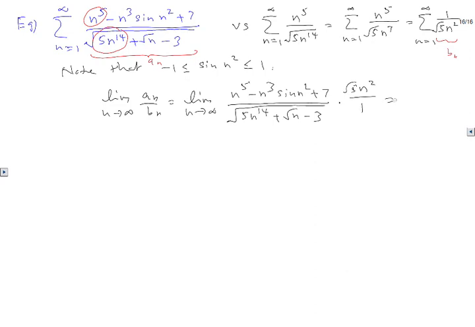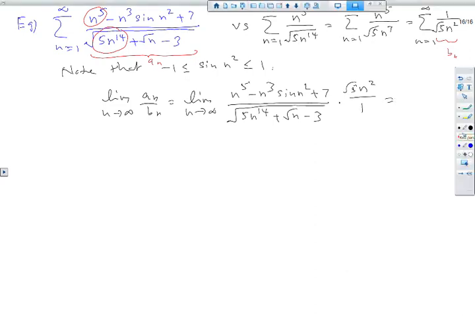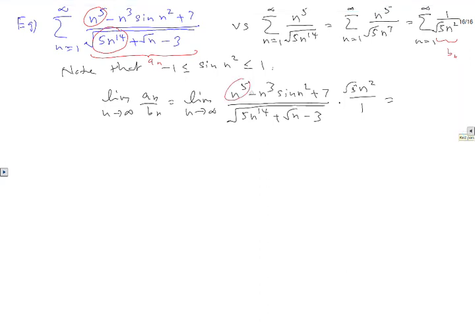But as before, we only need to worry about the dominating term when n goes to infinity. This kind of simplifies to 1 over square root 5 n squared, but that exactly cancels with that. So your limit is 1, which is not equal to 0. That's one of the things: if you do it like that, it's always 1.